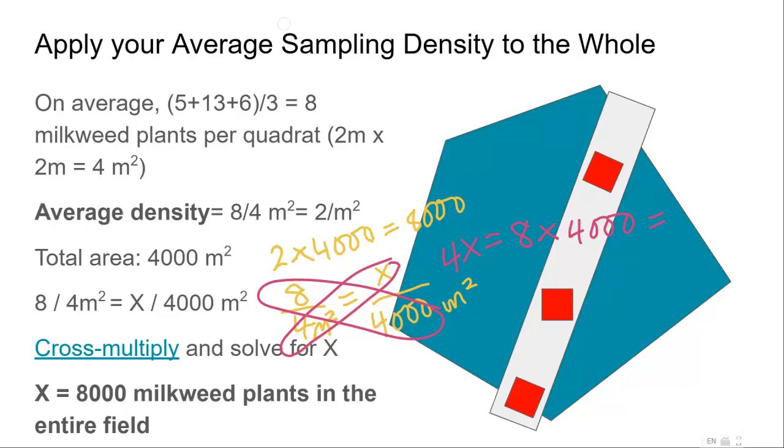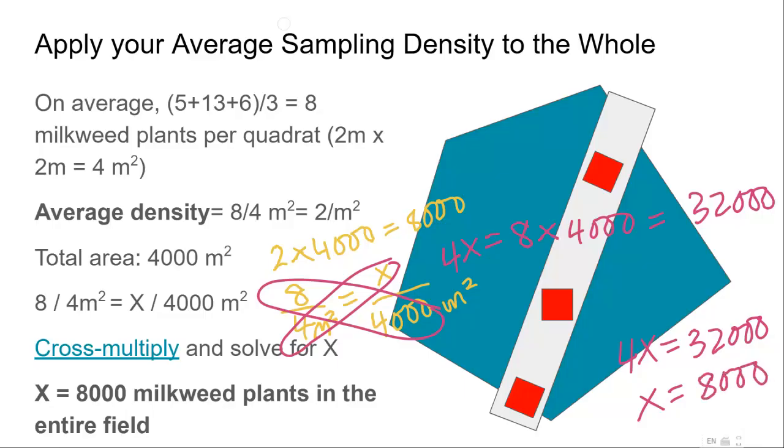So 4x equals 8 times 4,000, which is 32,000, right? So if 4x is 32,000, then we divide both sides by 4, and we can determine that x is 8,000.